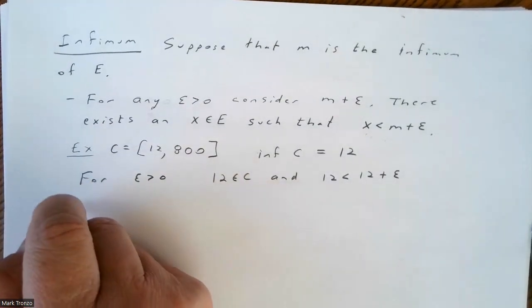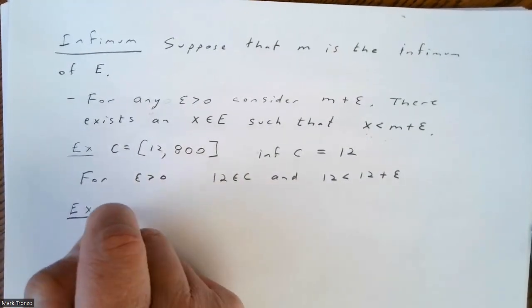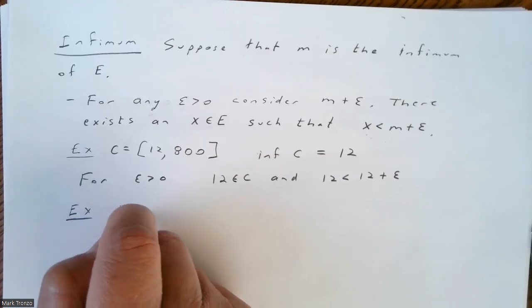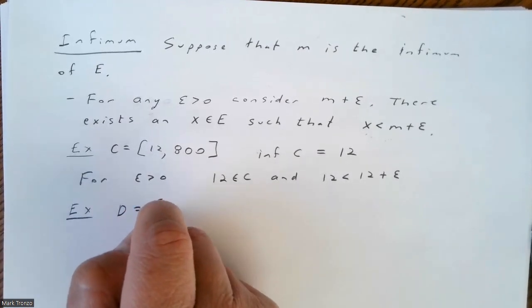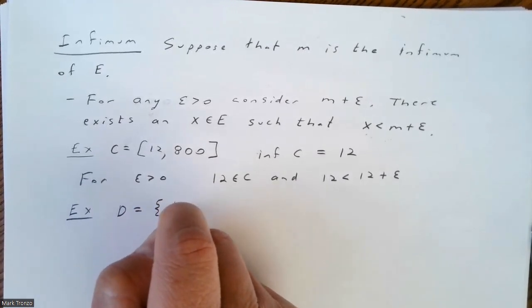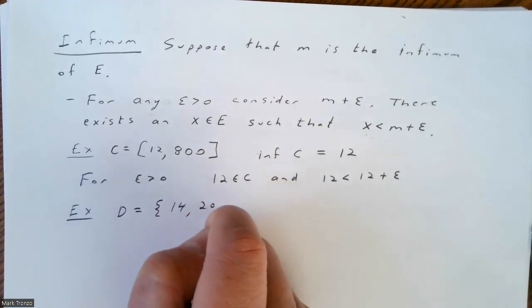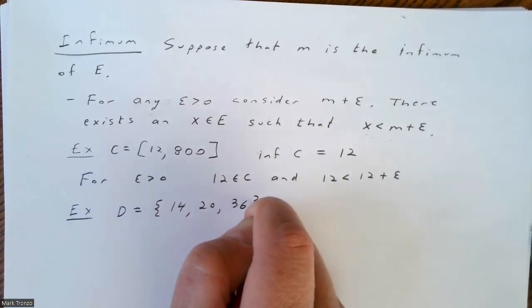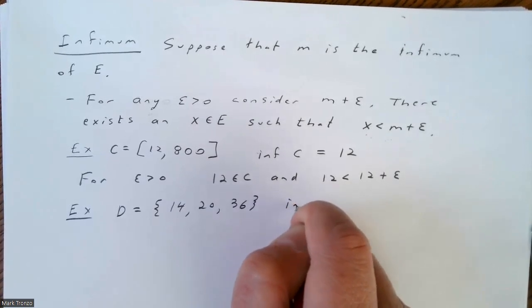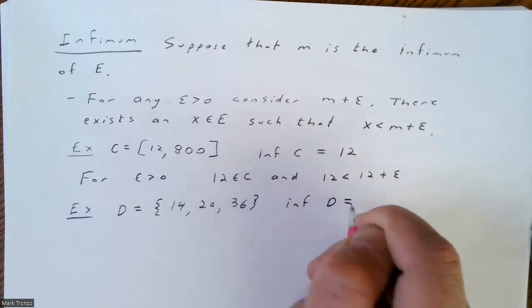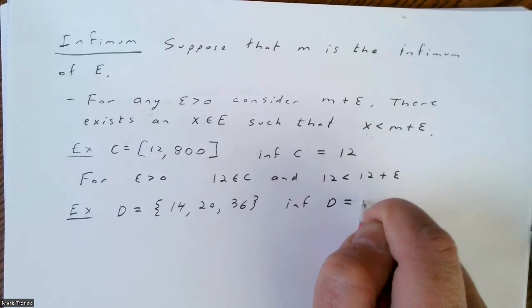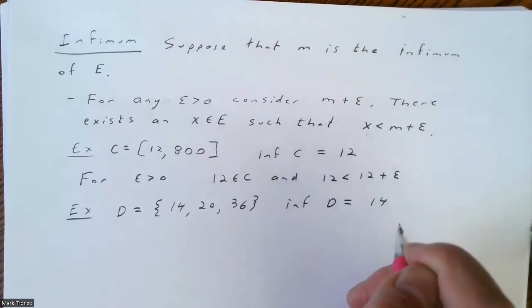Or maybe even a clearer example would be if you have a finite set, let me call this set D, and let's say you have 14, 20, 36. Then here the infimum of D is going to be equal to 14.